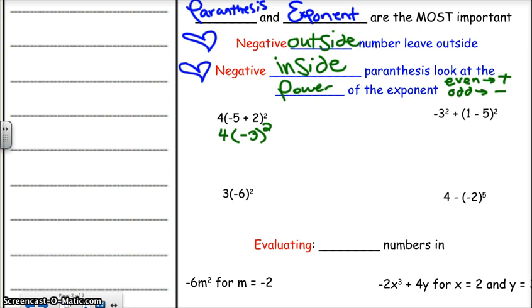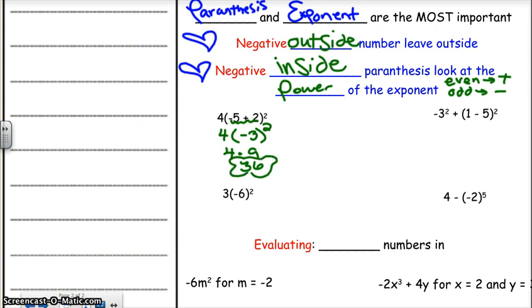Now I knew that negative 3 was inside parentheses because the initial part was inside parentheses, so that tells me the negative stays with it. All right, negative 3 squared is negative 3 times negative 3, which is 9. 36 is the final answer.